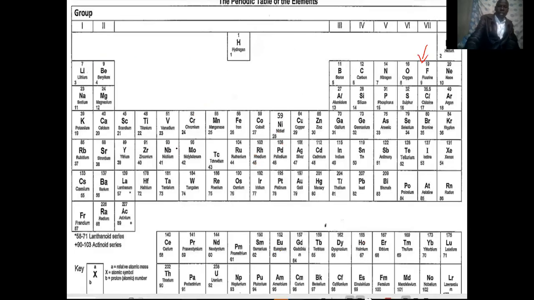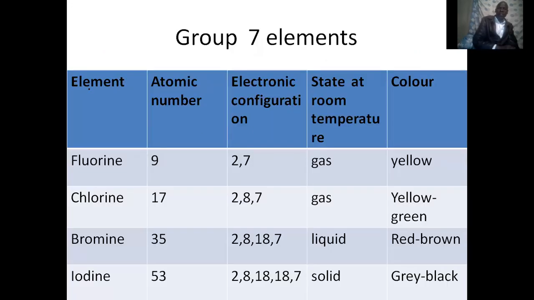Okay, and so we are looking at these elements which are in group 7. As we stated earlier, we have fluorine, chlorine, bromine, iodine, and we have seen that these are diatomic in nature. That's chlorine, written that manner, bromine, and iodine.